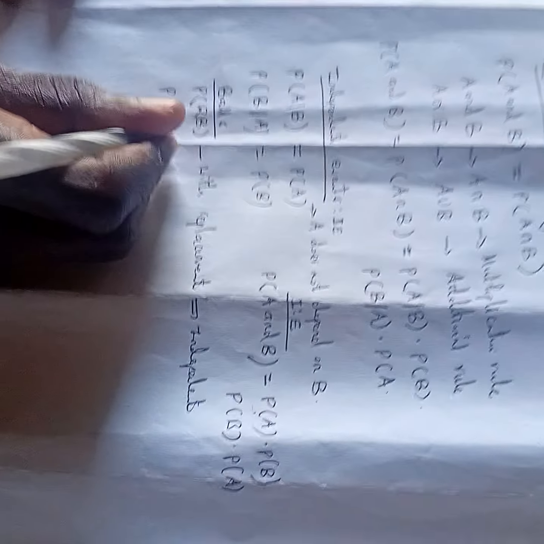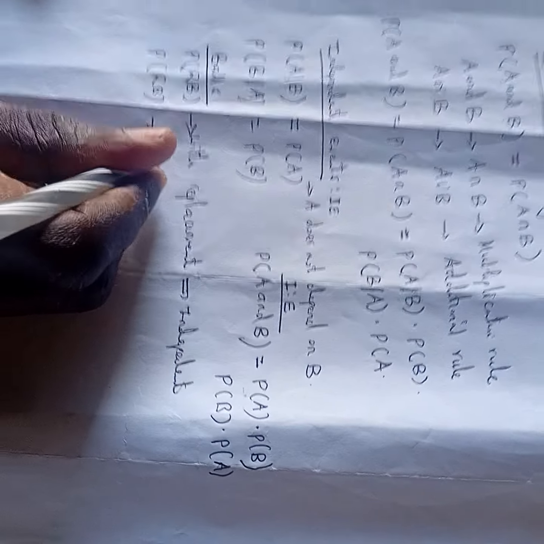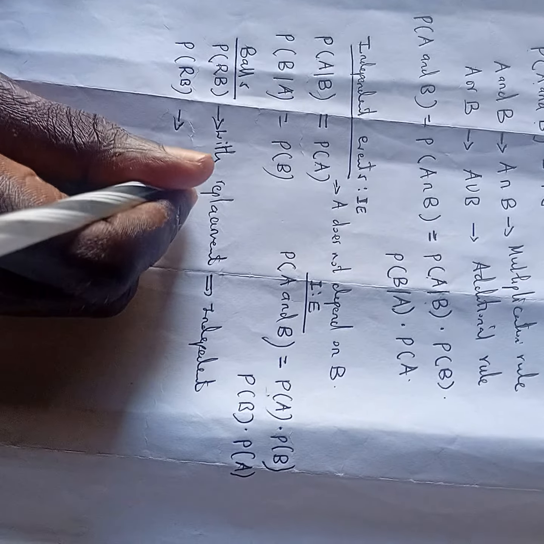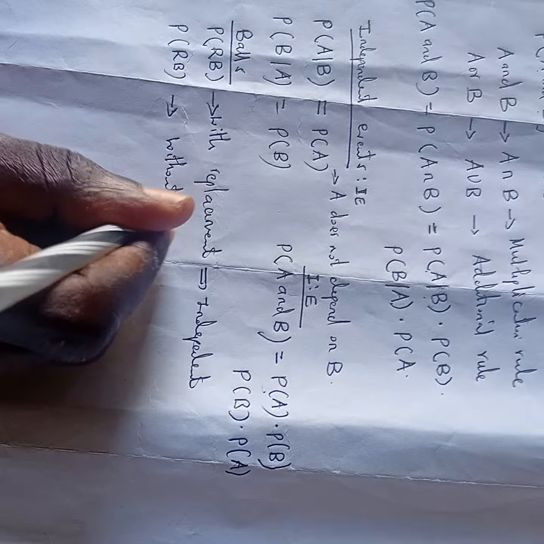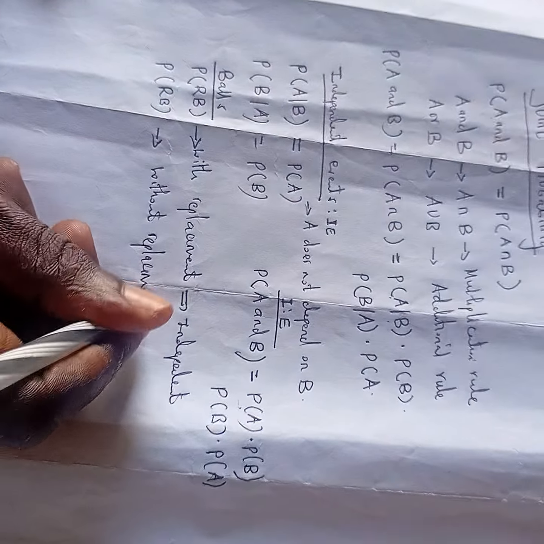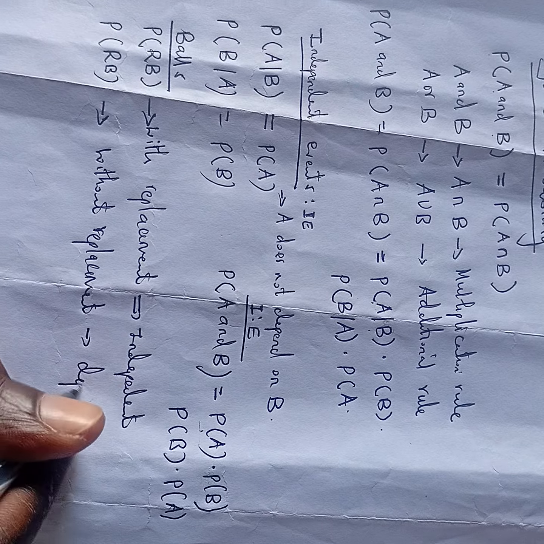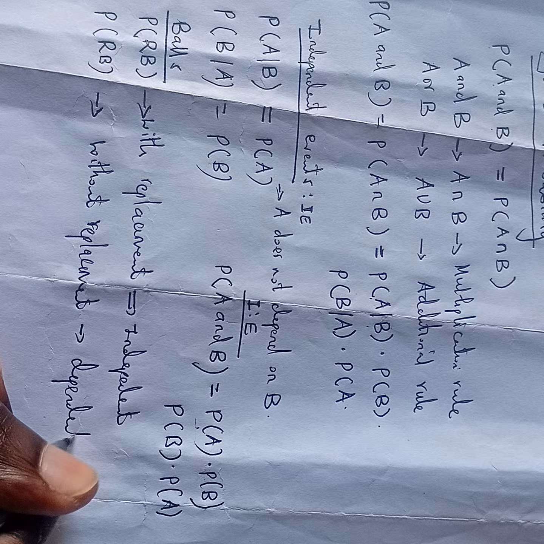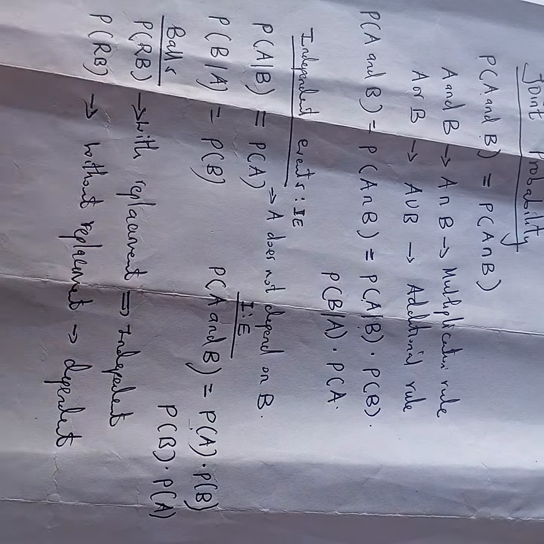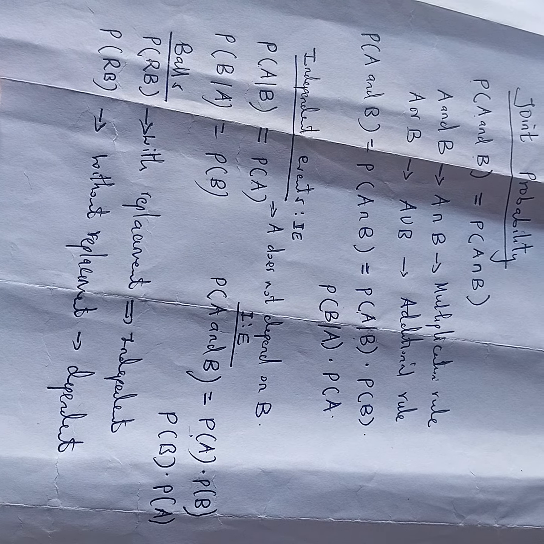What if we pick a red ball without replacement? This one is dependent. The probability of the second pick is dependent on the probability of the first pick.